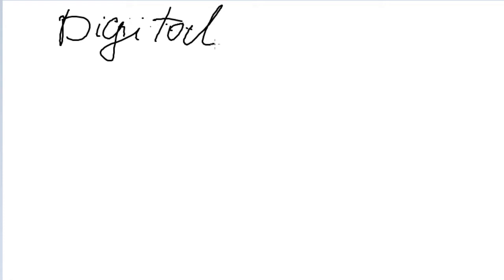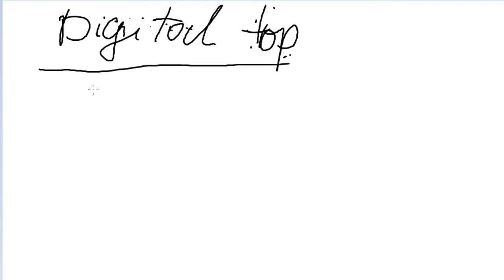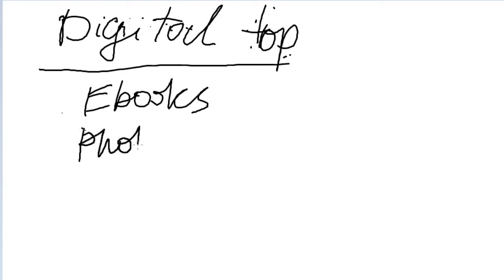Digital products. So the digital top selling products in recent times, I think not just this year but in general. So ebooks, not a big surprise there. But then photography.